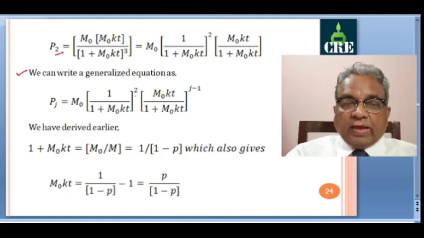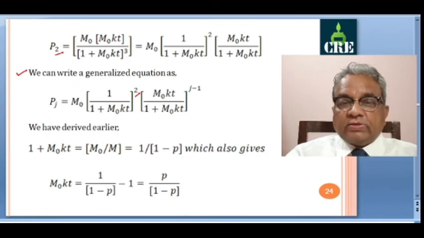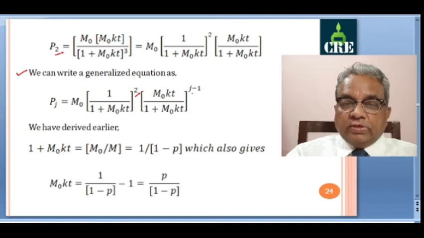This will be as it is, whereas this is raised to j minus 1. When j is equal to 2, this is 1. J is equal to 3, you will get a square term. J is equal to 4, you get a cubic term.